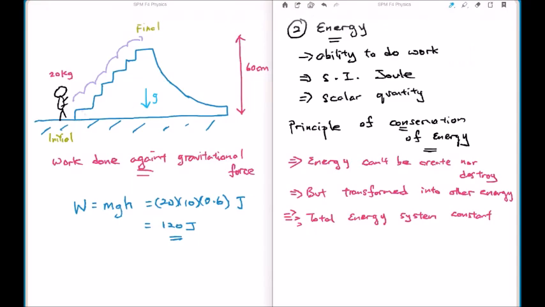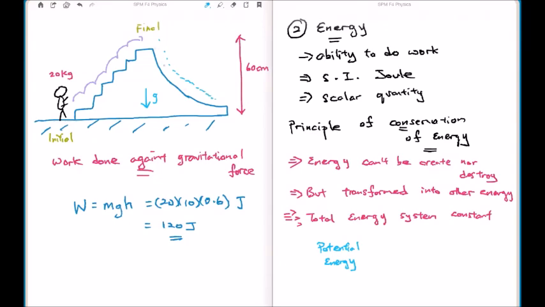It means, for this case, initially and finally, initial spot, final spot, I gain potential energy, meaning mgh is potential energy. What happens when it has potential energy so high up and it comes down? Doesn't really matter, this is a curve.